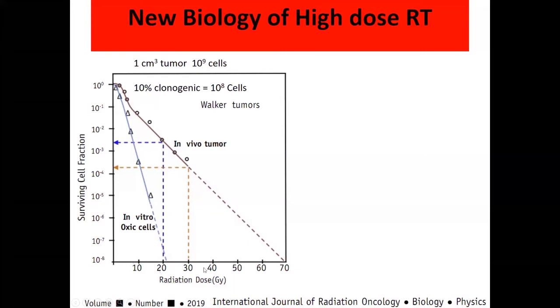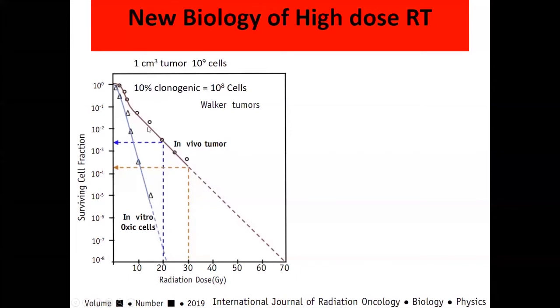Now, if we presume that 10% of the cells are clonogenic cells in a 1 centimeter volume tumor, which usually contains 10 power 9 cells, then the number of clonogenic cells is 10 power 8. So we need to sterilize these 10 power 8 cells in order to get excellent tumor control with single fraction radiation, as usually used in non-fractionated radiotherapy.